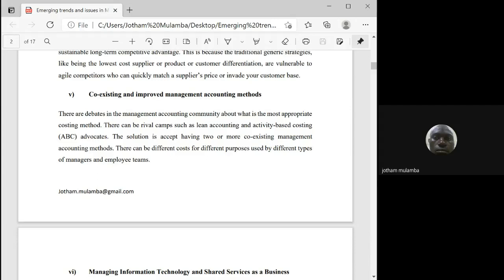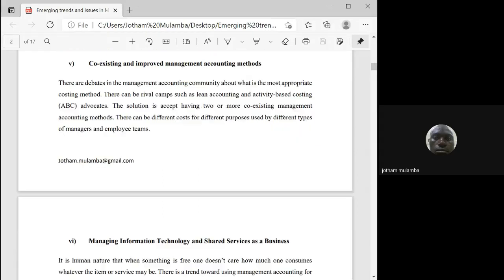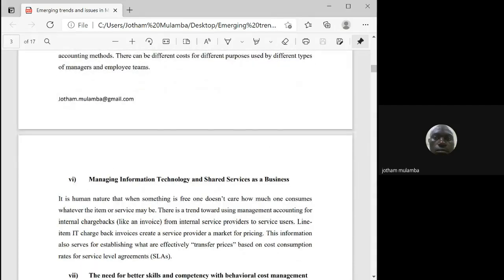So that was a prime example of activity-based accounting. Currently, we don't just rely on management accounting on its own. We can also look at other areas that work in tandem with management accounting, and that's activity-based accounting. And number 6, we look at management information technology shared services as a business.